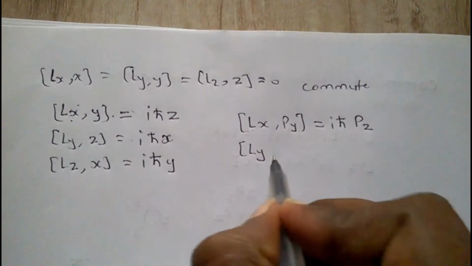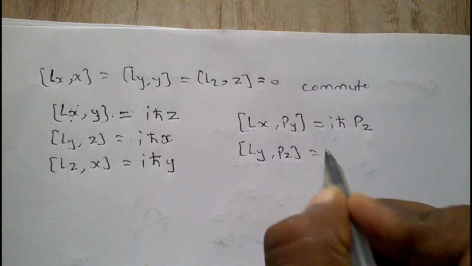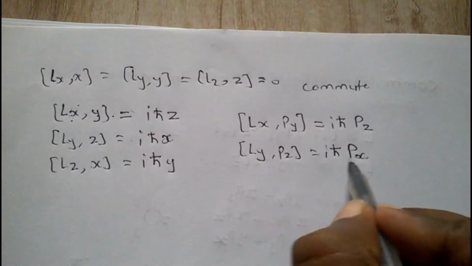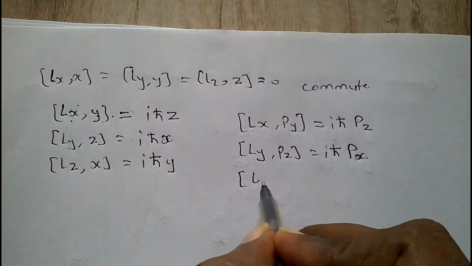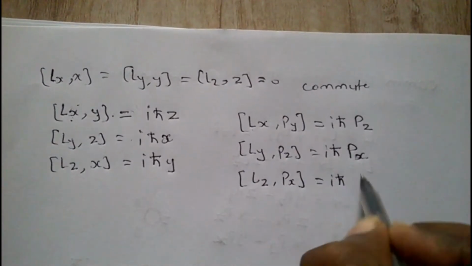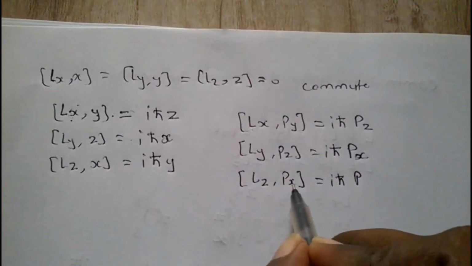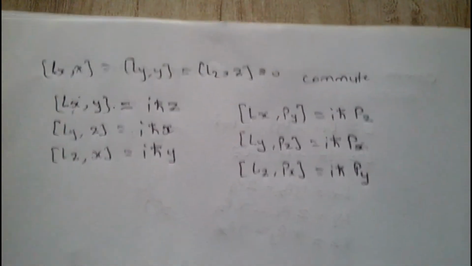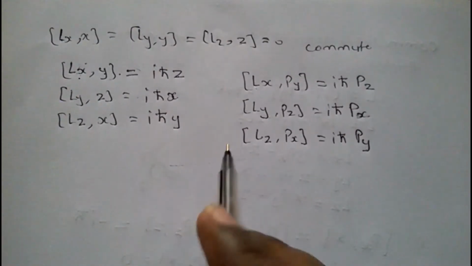Like this, Ly Pz equal to i h cross, it will be x. This Lz Px equal to i h cross, here will be z x y. Like this, we have to learn this value, it's easy.